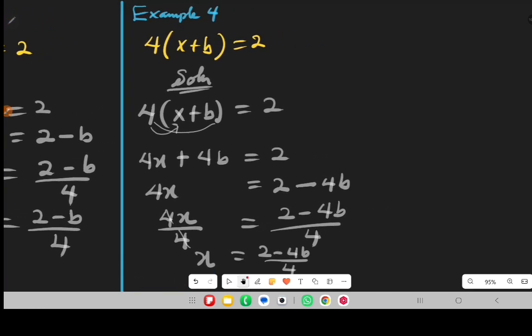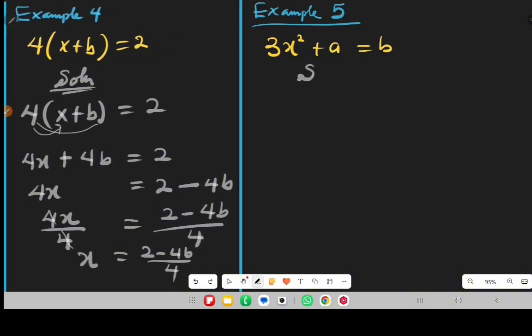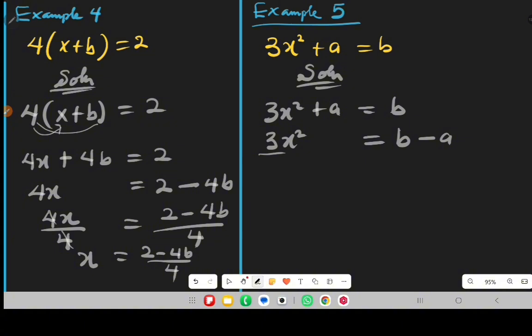Now let's take example 6, which is a bit trickier. Now example 6, which is 3x squared plus a equals b. First thing we do, we move plus a to the other side of the equal sign. It becomes minus a, which is 3x squared equals b minus a. Next step, we divide both sides by the coefficient of x squared, which is 3.